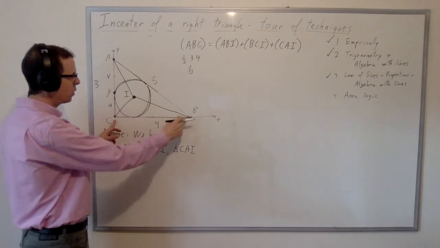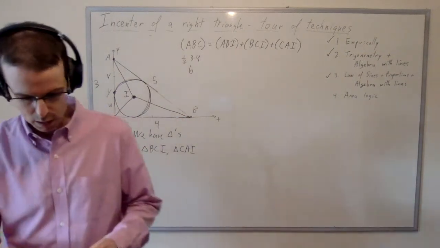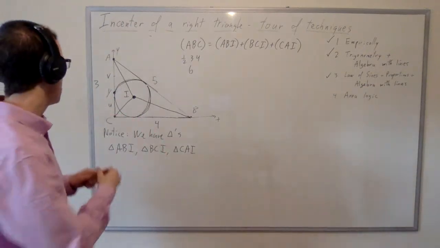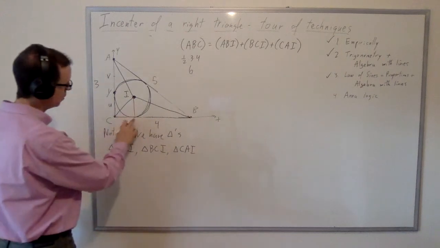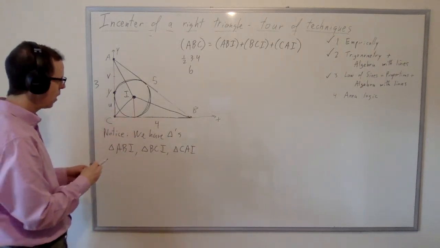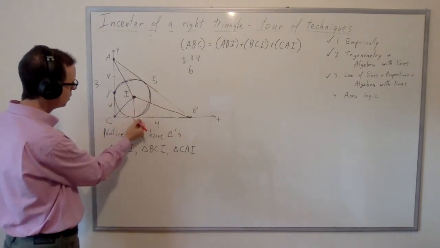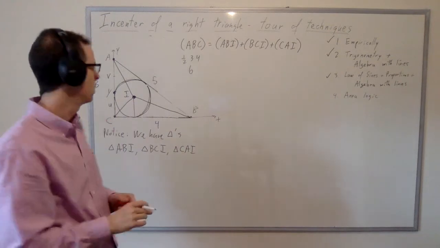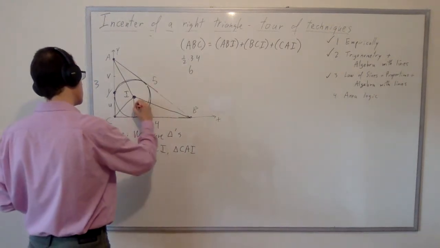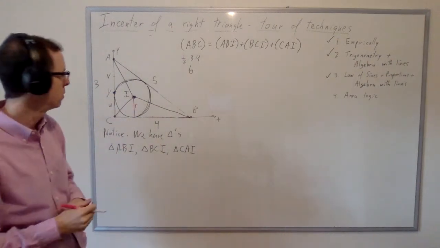And I know that the height relative to CB is the perpendicular distance from the point I to that base. Now, that perpendicular distance is a perpendicular line here down to the base of the triangle, but it also is a radius of the incircle. And so I'm going to write this as a little r, because that's a radius of this incircle.